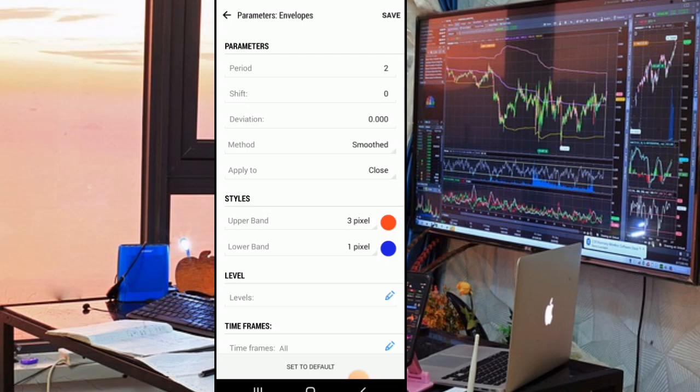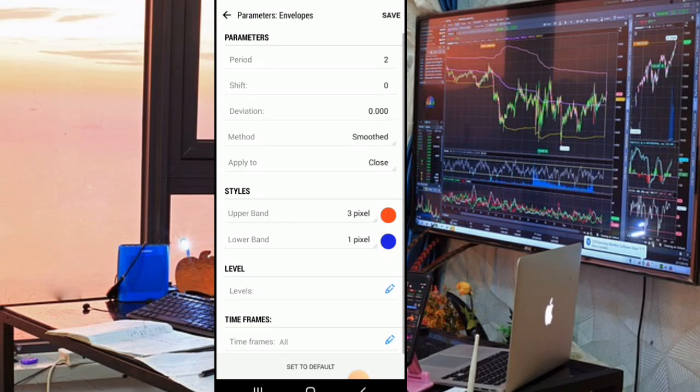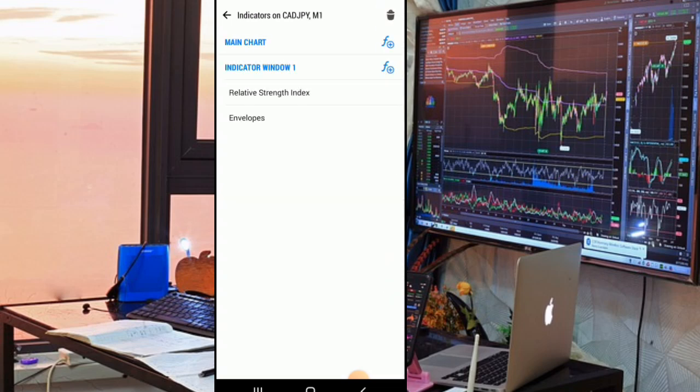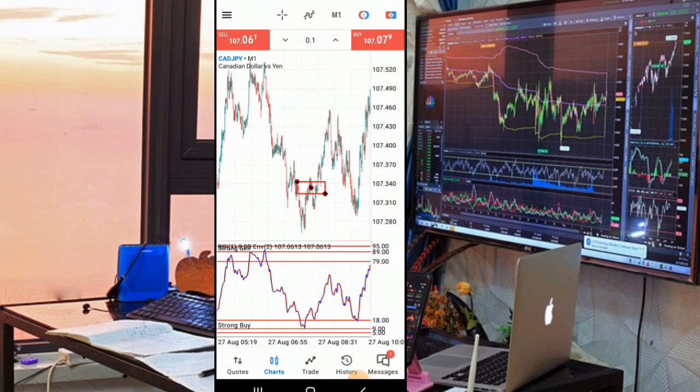So period 2, shift 0, deviation, and as you can see, just please put it as it is, and then don't forget to click save again. Then we go back to our chart and see what we have. Amazing. Now we do have our RSI and envelopes this side. Now let's get to it.